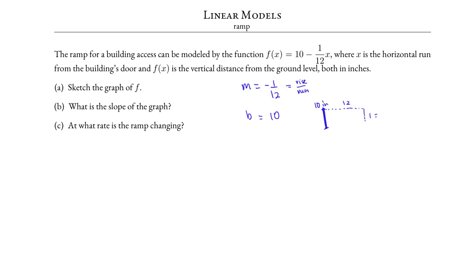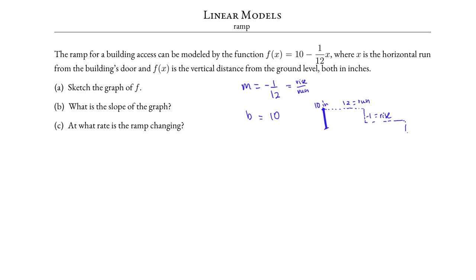So you have a rise, which is negative in this case, so we go down, and the run is 12 positive, so we go to the right. And if we were to go down 1 more, then we would need to go over 12, and so on.